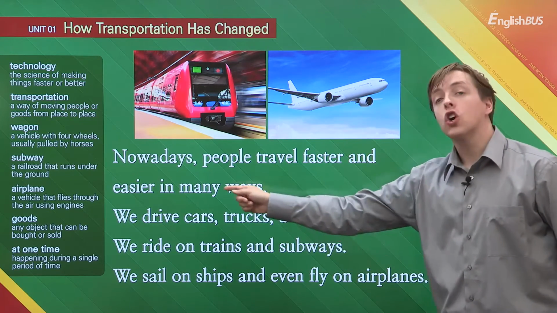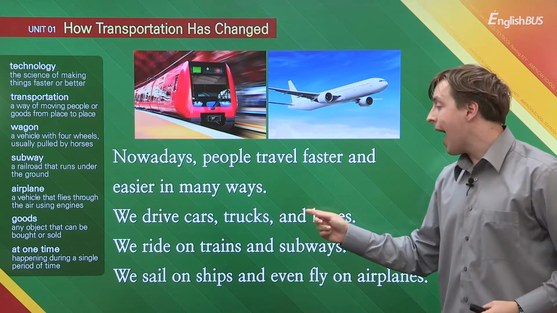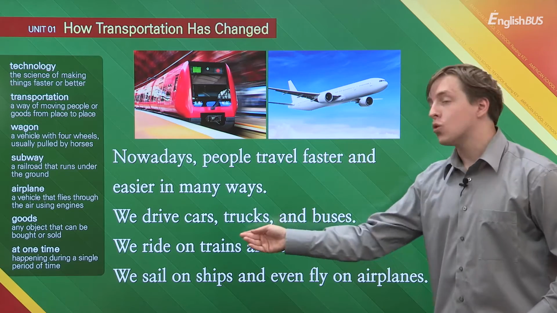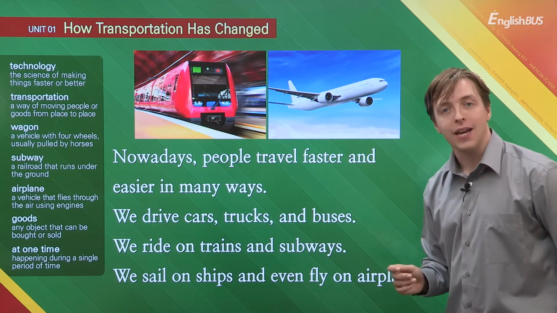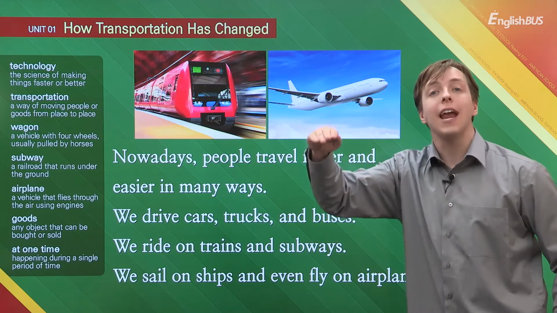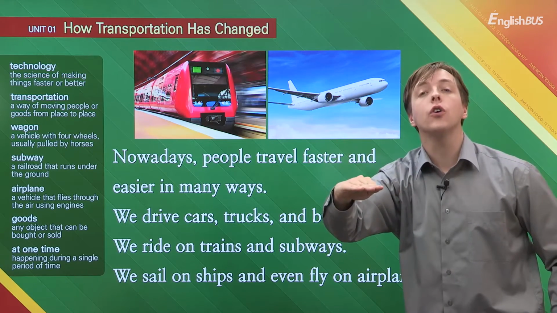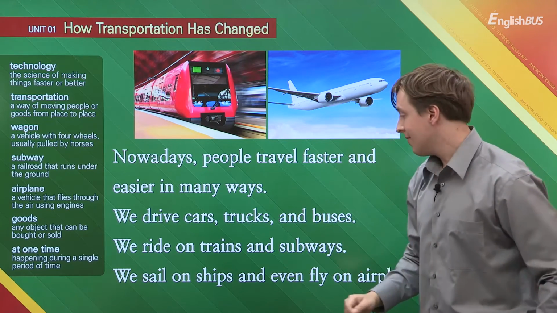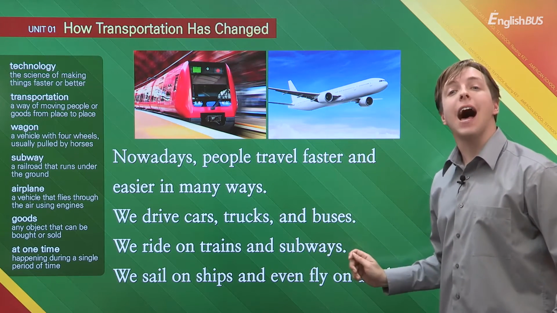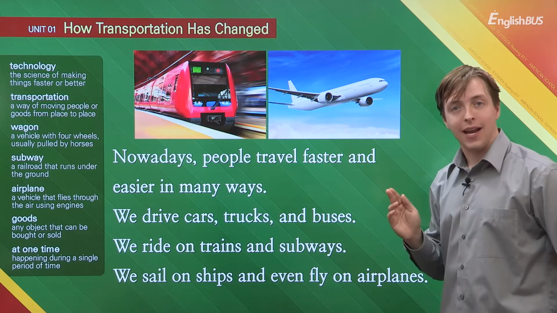We drive cars, trucks, and buses. We ride on trains and subways. Remember that a subway is a train that travels under the ground. We sail on ships and even fly on airplanes.